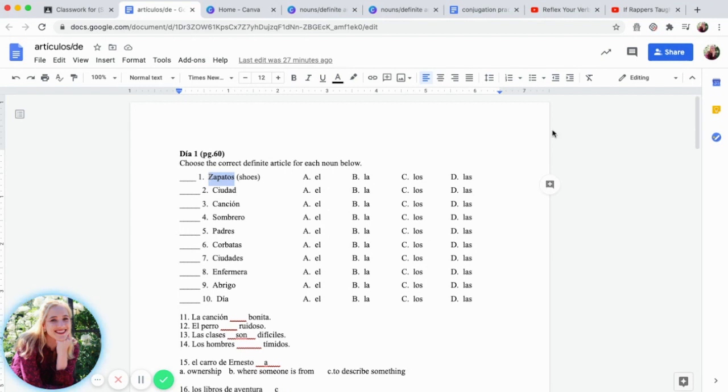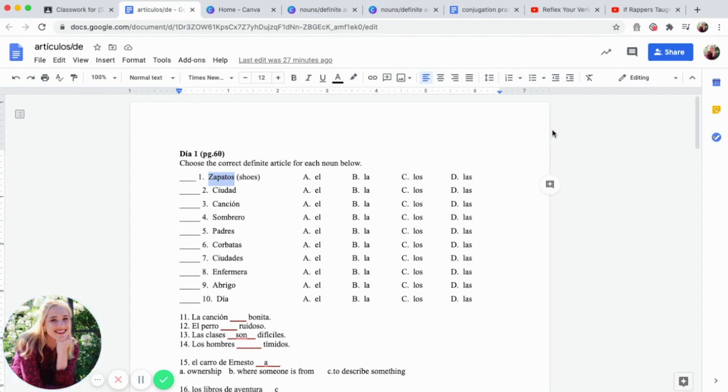So give me in the chat either an M or an F. Do we think that zapatos is masculine or feminine? What do you think? Okay, thank you, David Excel. I would like to see an answer from everyone.